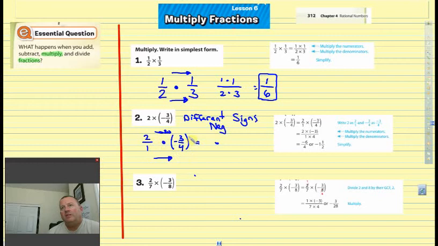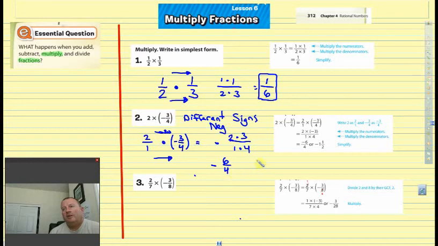2 times 3, I'm going to write it out. 2 times 3. 1 times 4. Put my negative there. 2 times 3 is 6. 1 times 4 is 4. And I start out with negative 6/4. But there's a couple of things I can do to this problem.